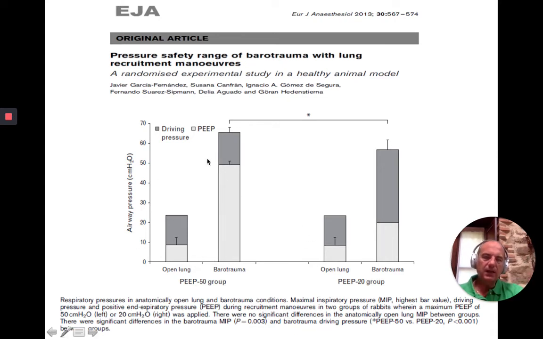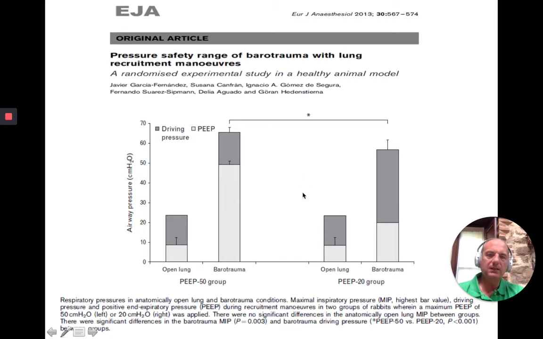As you can see here, there is a huge, significant difference. If driving pressure is constant, the pressure at which the lungs start to break is beyond 65, much higher than if we give a high driving pressure. If we give a huge driving pressure, the lungs develop pneumothorax at a much lower pressure.